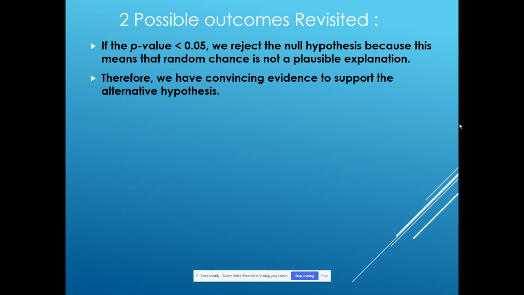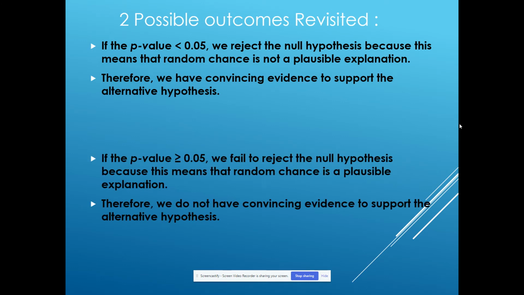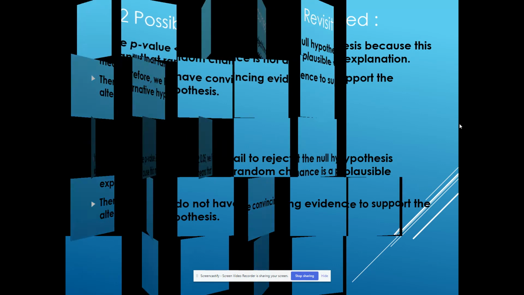Therefore, we have convincing evidence to support the alternative hypothesis. If the p-value is greater than or equal to 0.05, then we fail to reject the null hypothesis because random chance is a plausible explanation. So we do not have convincing evidence to support the alternative hypothesis.